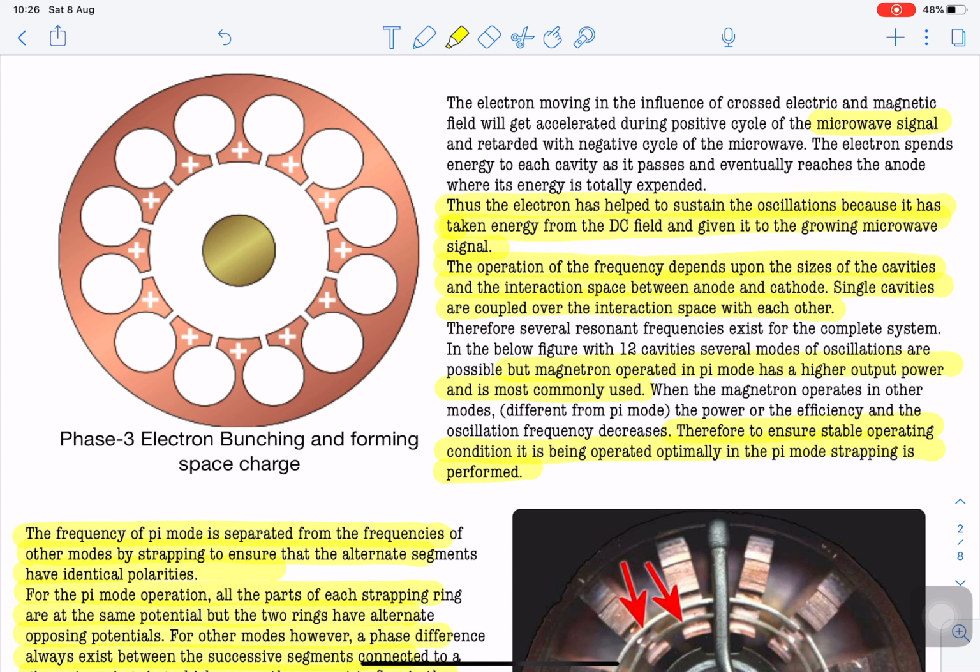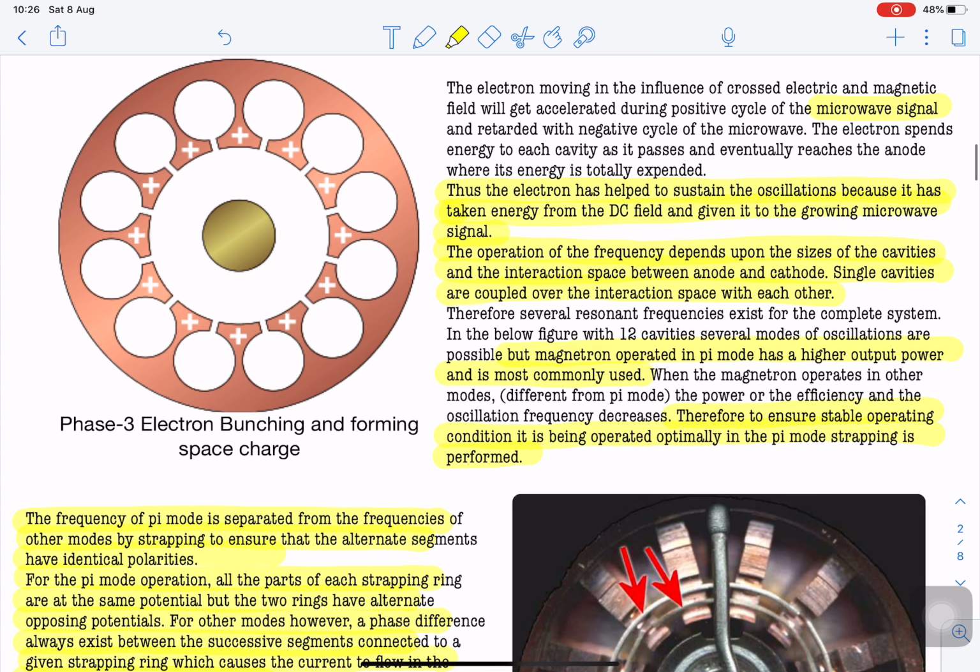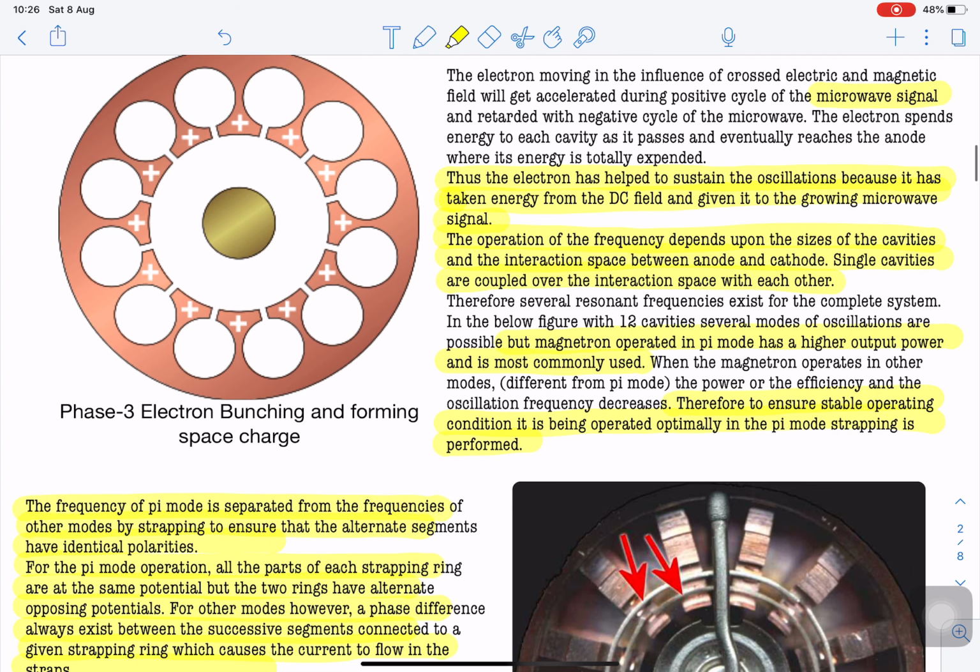But here we note that when the magnetron operates in a mode other than the pi mode, we get a lower amount of power and lower efficiency, and the oscillatory frequency produced by the magnetron is not sustained, but rather starts decreasing.